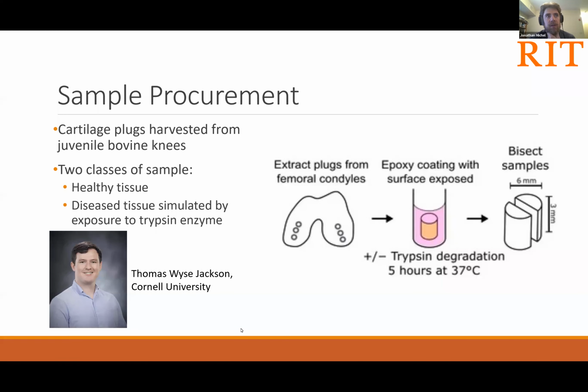Sure. So I guess what I can tell you is the experimental work that I'll be showing you today is carried out by harvesting explants from calf knees. It was an animal model that was readily available. I think they exhibit fairly similar structure to human cartilage.